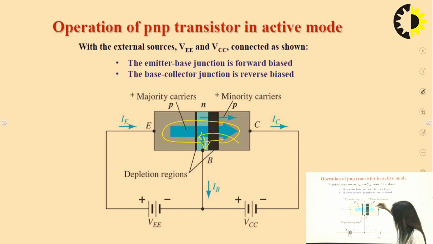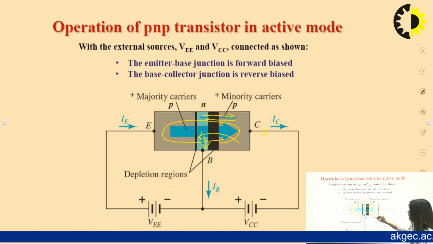Since holes are moving in this direction, the current will flow in this particular direction. This is forward bias, this is reverse bias. This emitter current is flowing in this direction and the collector current is coming out of this collector terminal, right? And here it is the base, so IB.